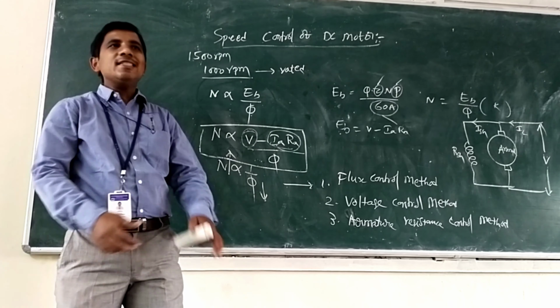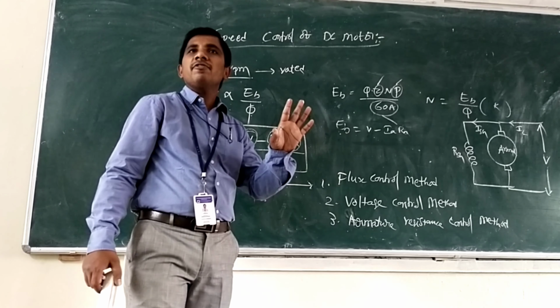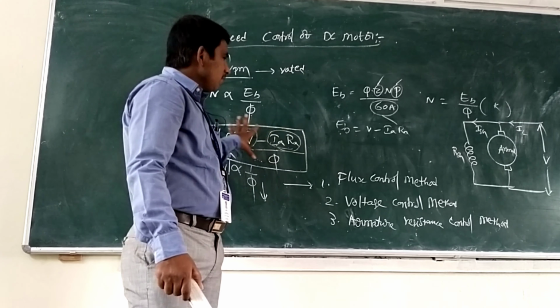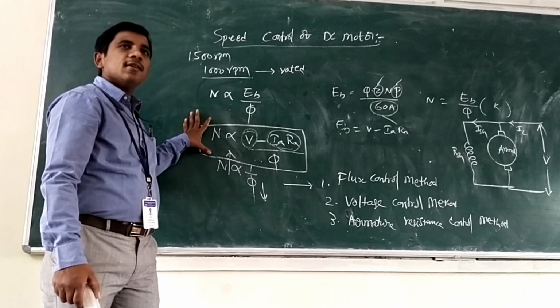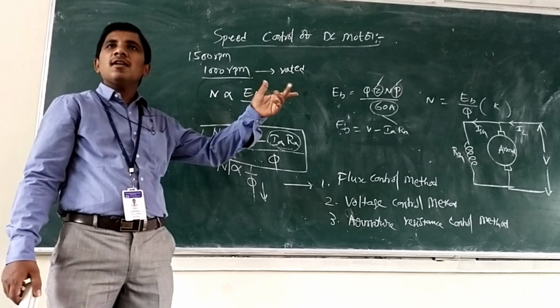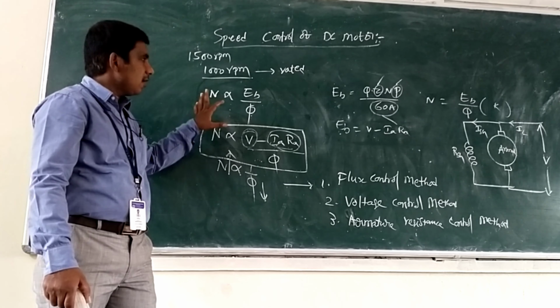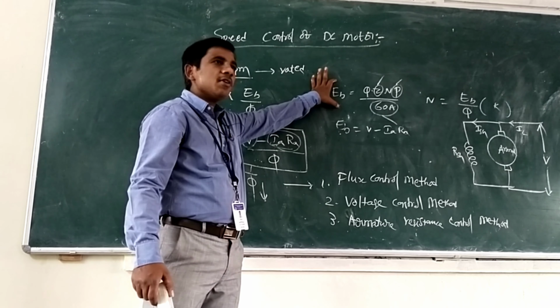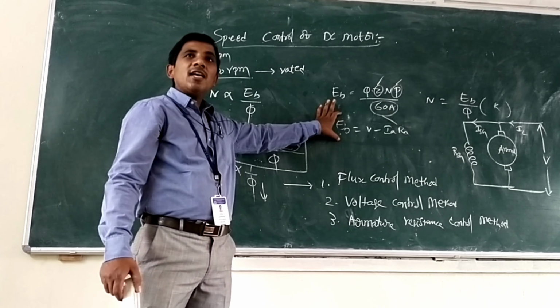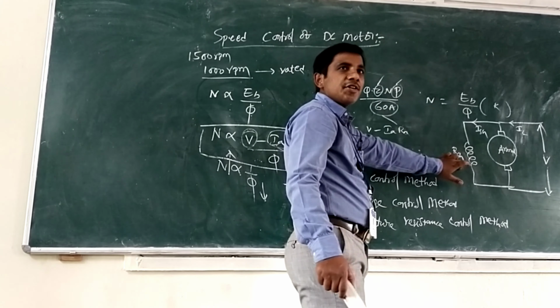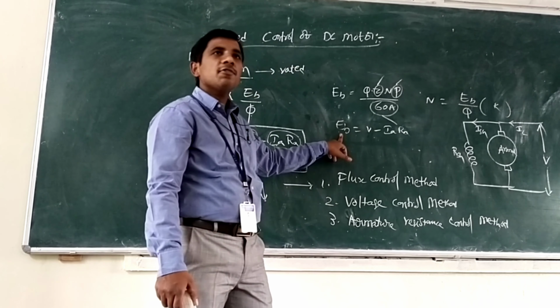Now, popularly, these are the three methods to control the speed of a DC motor. From this equation, we predicted that the speed can vary in three ways according to the equations we discussed in previous classes. The back EMF is given by this equation, and for the shunt motor circuit, EB equals V minus IA RA.